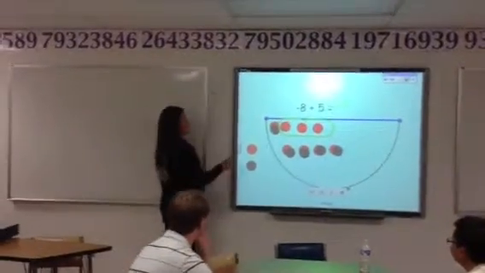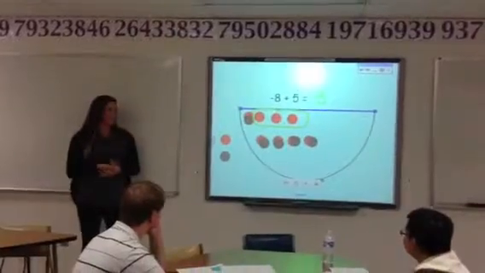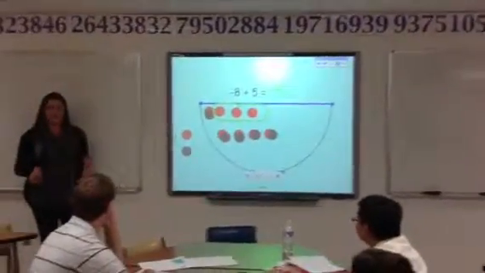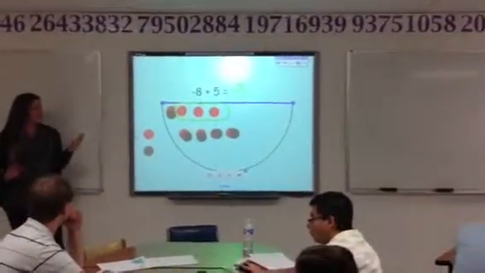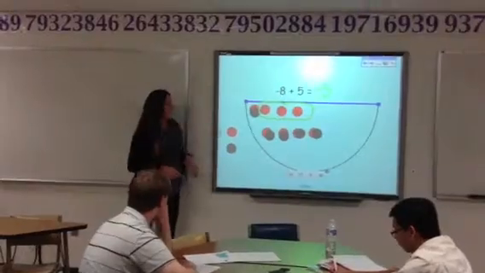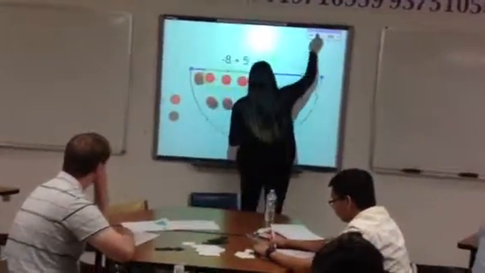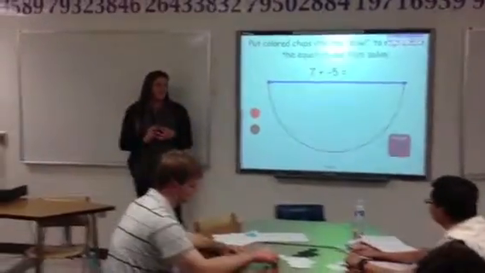So if you see, they paired them up, and we have a 1 and a negative 1, so those are additive inverses, or as the teacher I'm observing calls them, 0 pairs. And so that's how you can tell that putting them together cancels it out. And then what you're left over with is our answer. So we have -3 left. So you can try one on your own, and then I think we'll be just about out of time. So try to model this with your chips.